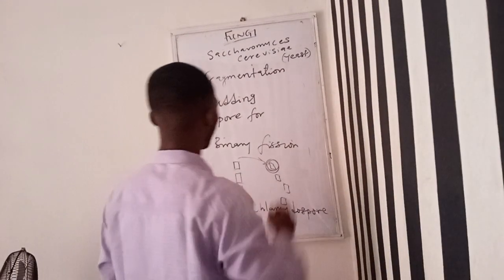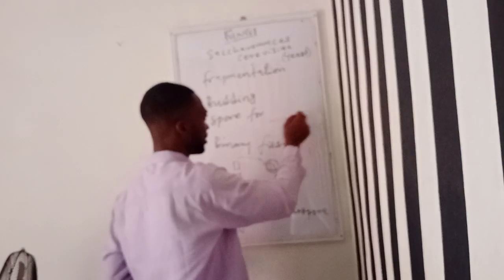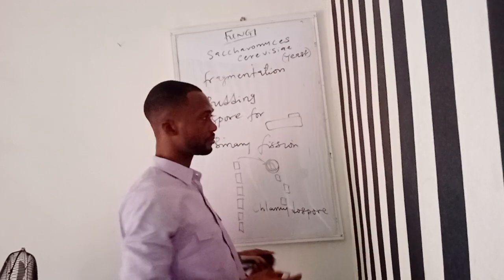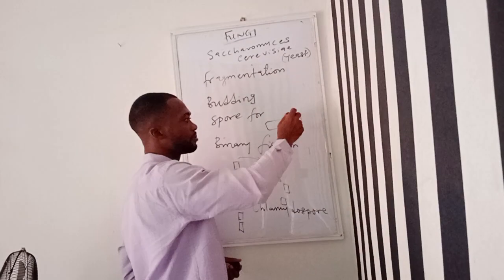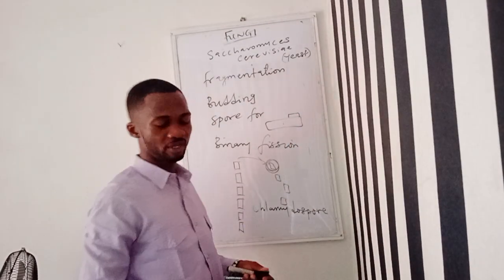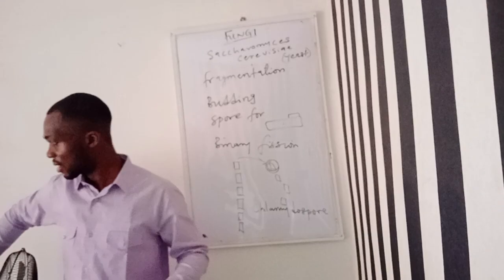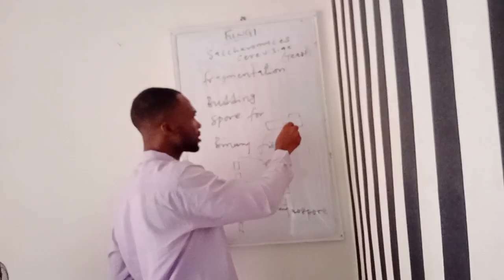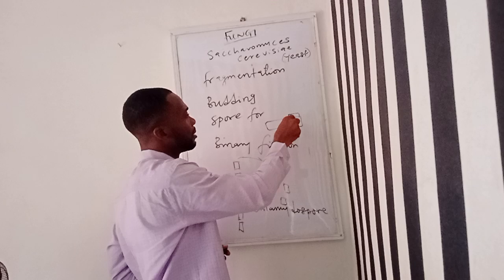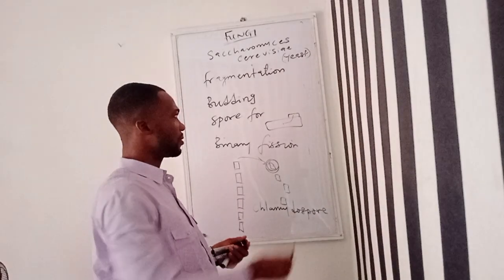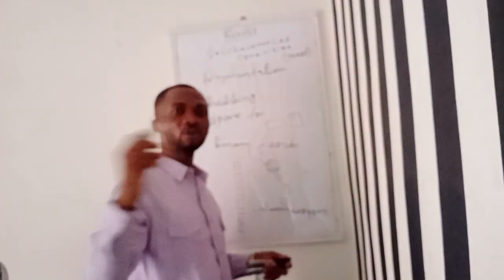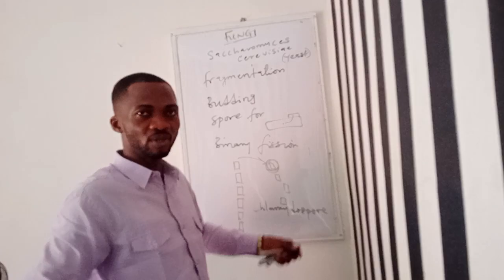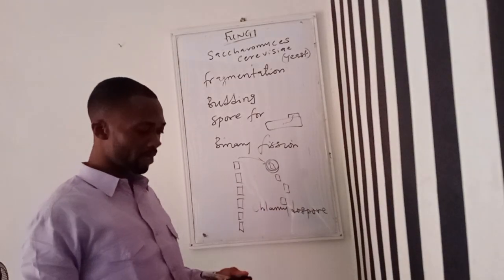Okay. So in budding, a bud develops from the body of the fungus. And of course, as this bud develops, there is a division of the nucleus of the mother. And once the nucleus of the mother is divided, the daughter nucleus migrates into the bud, which continues to extend until it forms a mature bud.